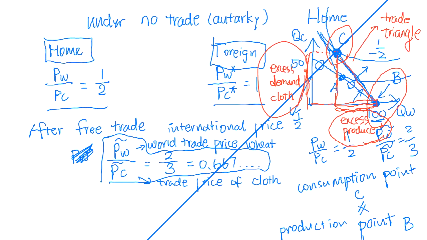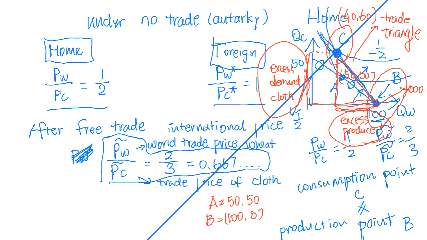In the book, point A is 50-50, B is 100 and 0, and C is 40-60.